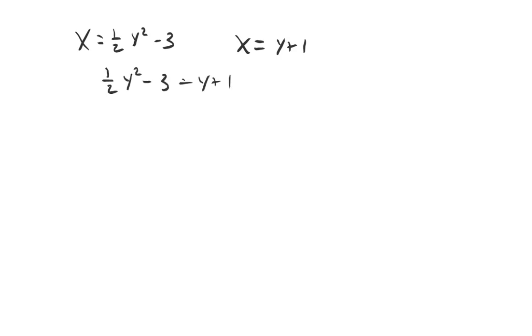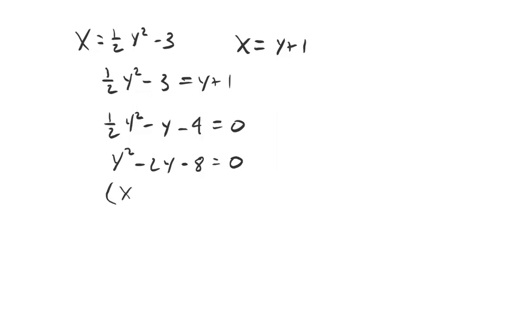When I do that, I can move everything to one side. I'm going to get 1/2 y squared minus y minus 4 is equal to 0, or y squared minus 2y minus 8 is equal to 0.